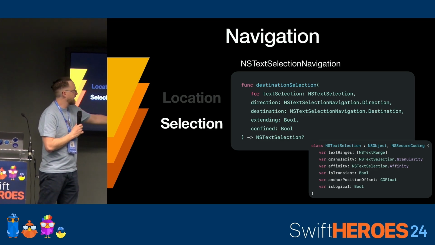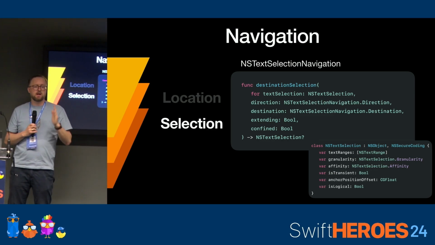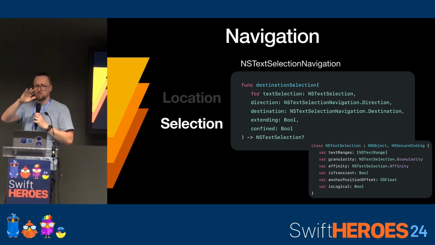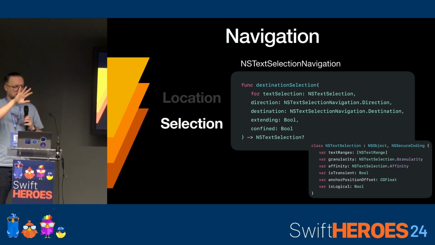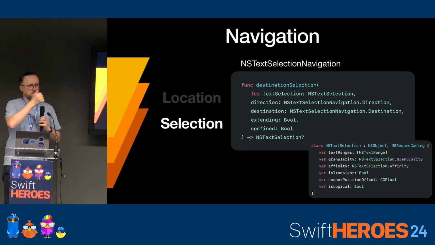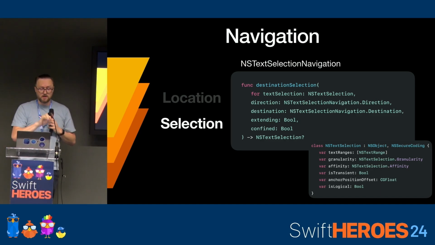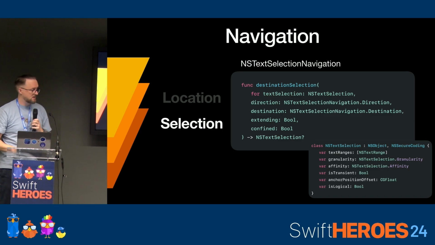I just need to provide where the selection starts, where it should end, or in what direction, and by one word or something, and it will return me the new ranges. So it's so powerful.